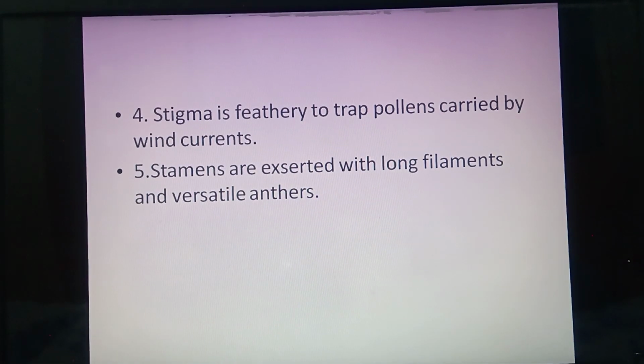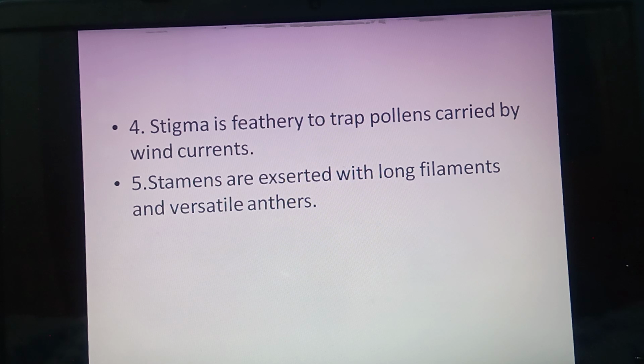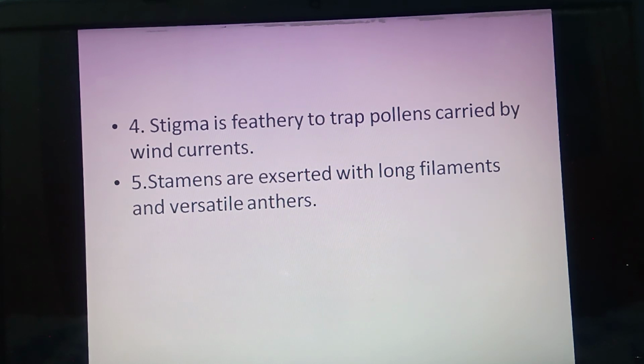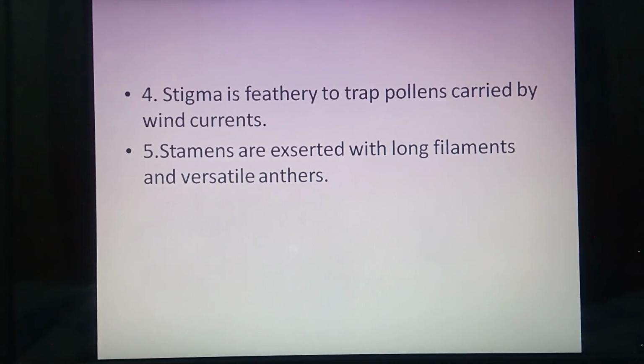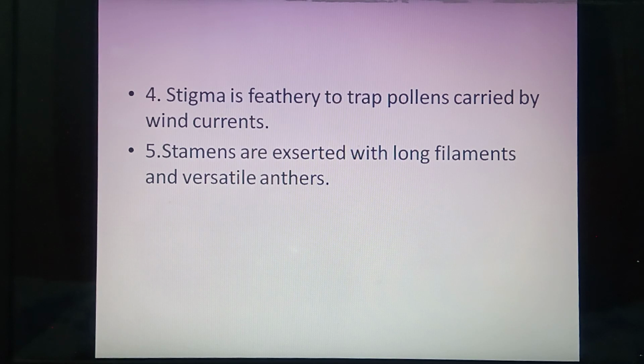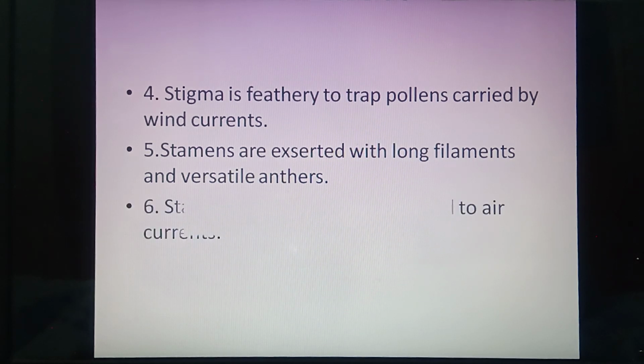Due to the versatile anther, it is possible to disperse the pollen grain from the anther with even a small blow of wind, towards the stigma. So the filaments are long and the anther is versatile in nature.